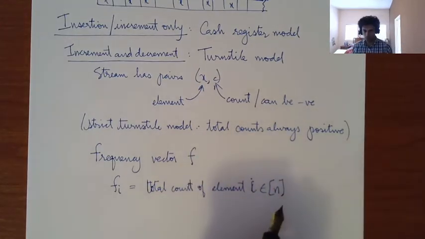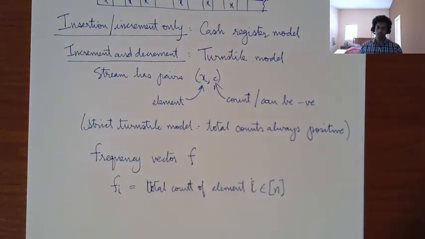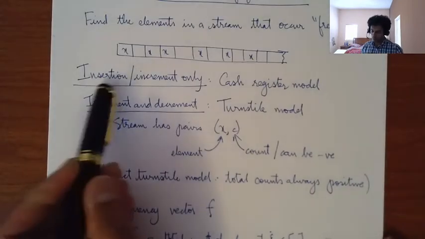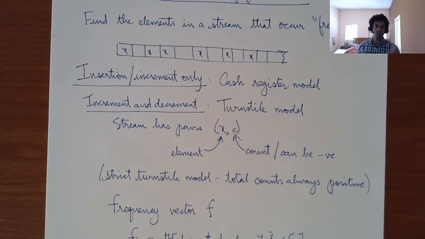We're seeing elements come by, but in the turnstile model we could see them with counts which can also be negative. In the insertion only or cache register model, it's just a stream, like connections. But in increment and decrement, you may think of a counter which can be incremented or decremented.